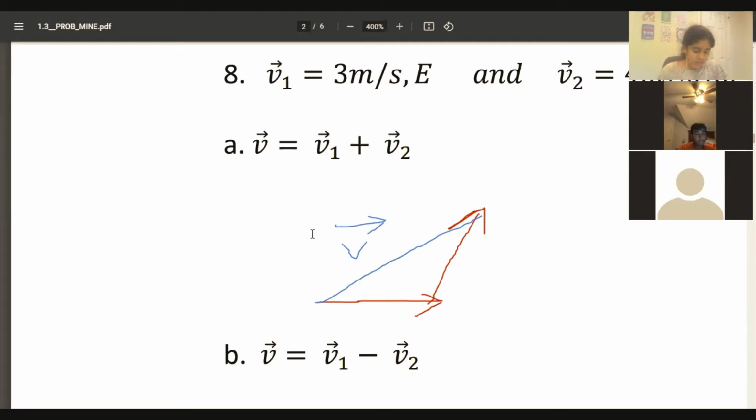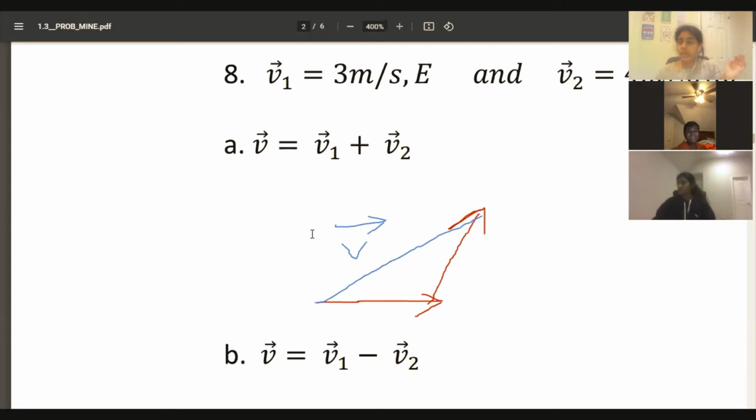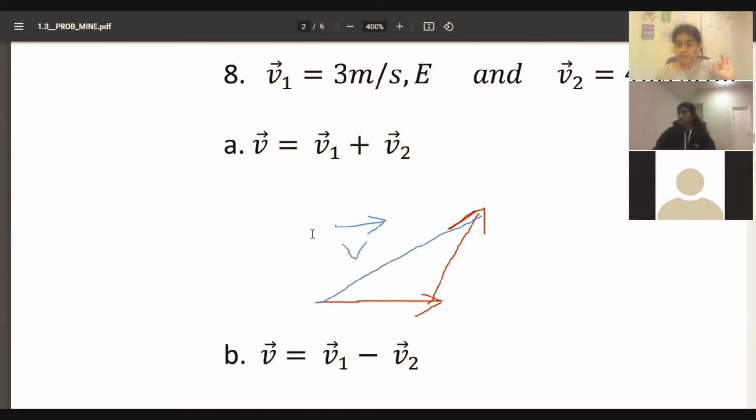And you could also go ahead and figure out what the value of V is, but it's going to be a little bit difficult to do that because you're not given a right triangle, so you can't use the Pythagorean method.